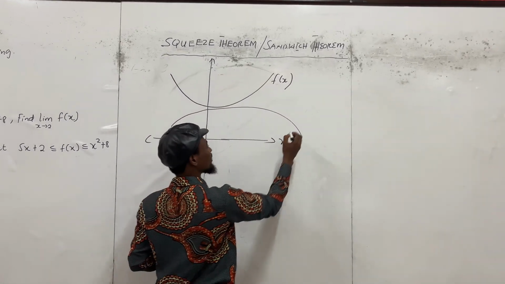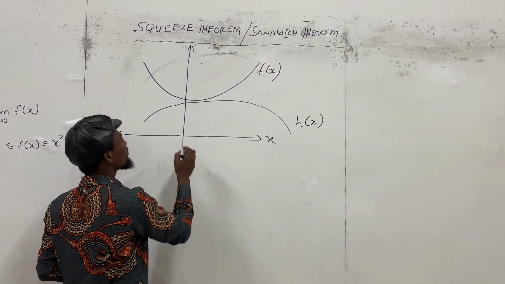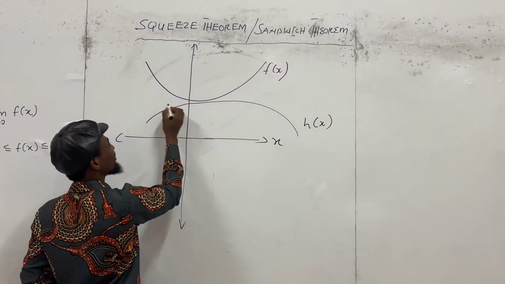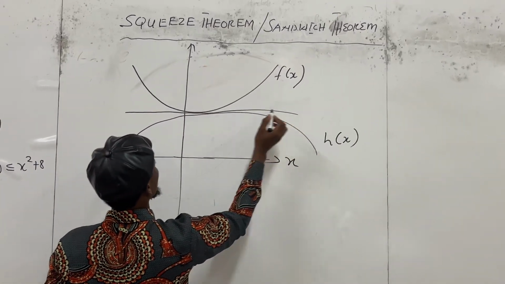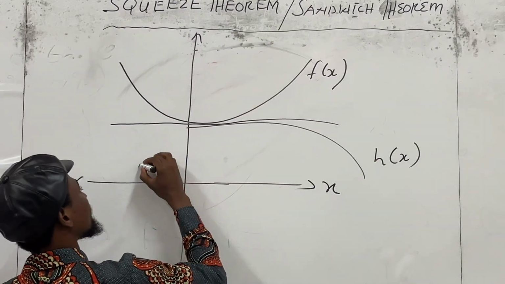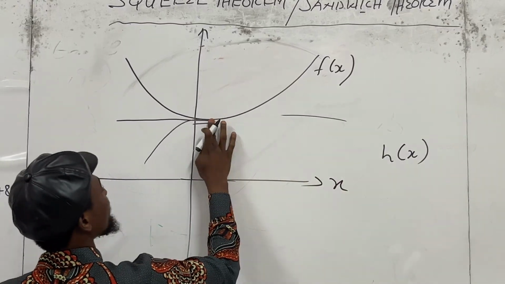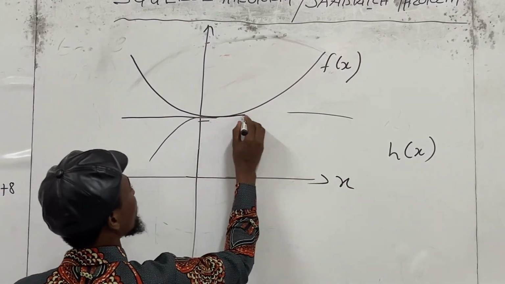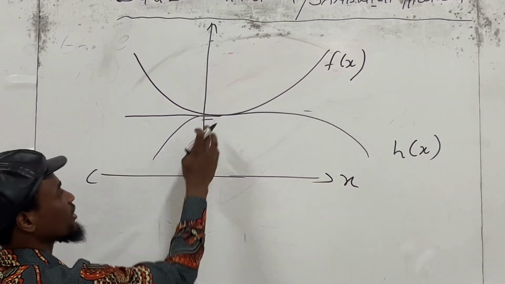Then let's call this h of x. Then you have the third function, and the function lies in the middle this way. So in other words, this touches this. It's not drawn to scale. Pardon me for that. Have it this way. So this is your h of x.